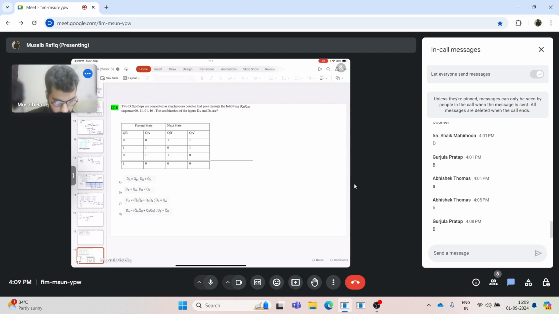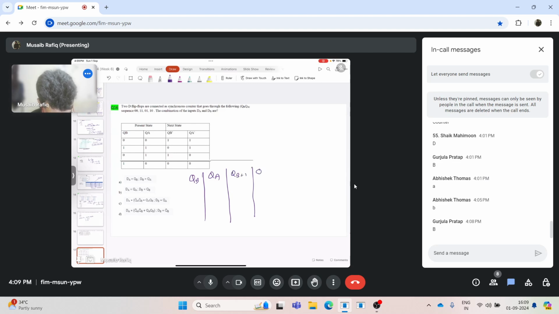Okay, let's draw a table here that has QB, QA, then QB plus 1, QA plus 1, then DB, and then DA. It's making the transition from QB QA equal to 0 0, then 1 1.